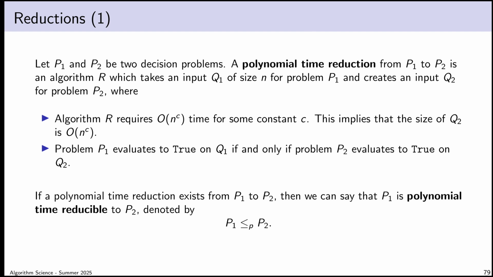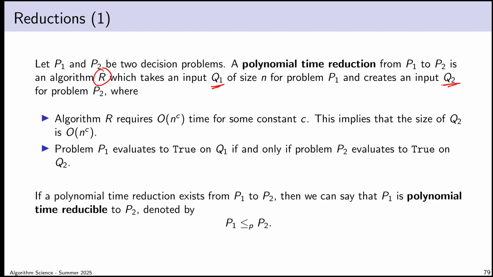Okay, so let's suppose that P1 and P2 are two different decision problems, problems with yes or no answers. A polynomial time reduction from P1 to P2, that is to say, a polynomial time reduction that turns an instance of P1 into an instance of P2, formally, is an algorithm called R, which takes some input to P1 and turns it into some input to P2.